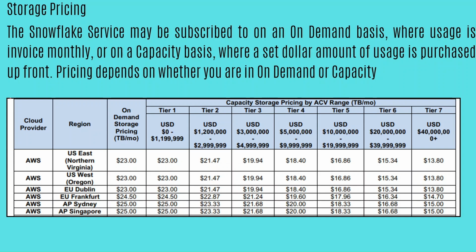So this is the discount you get when you go with the capacity model instead of on demand. And within the capacity model also, storage is divided into different tiers, depending on the amount you commit with Snowflake. The more you commit, the more discount you get.